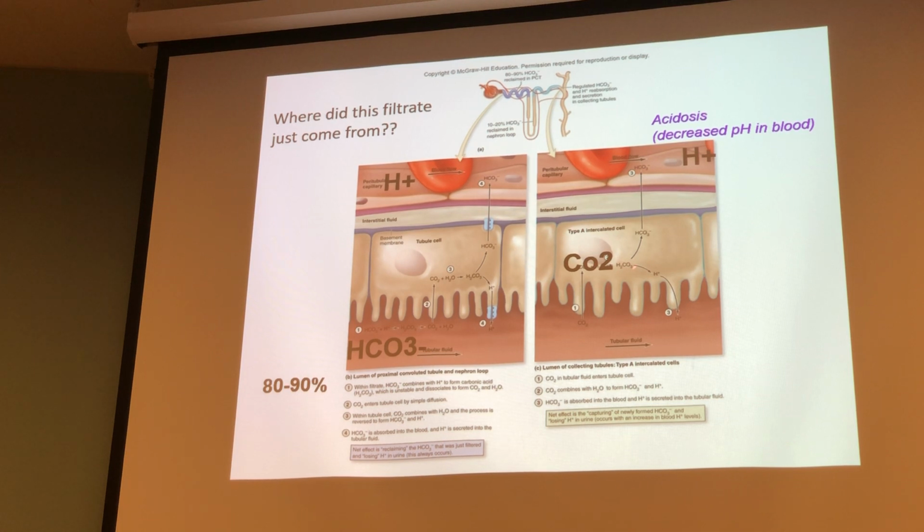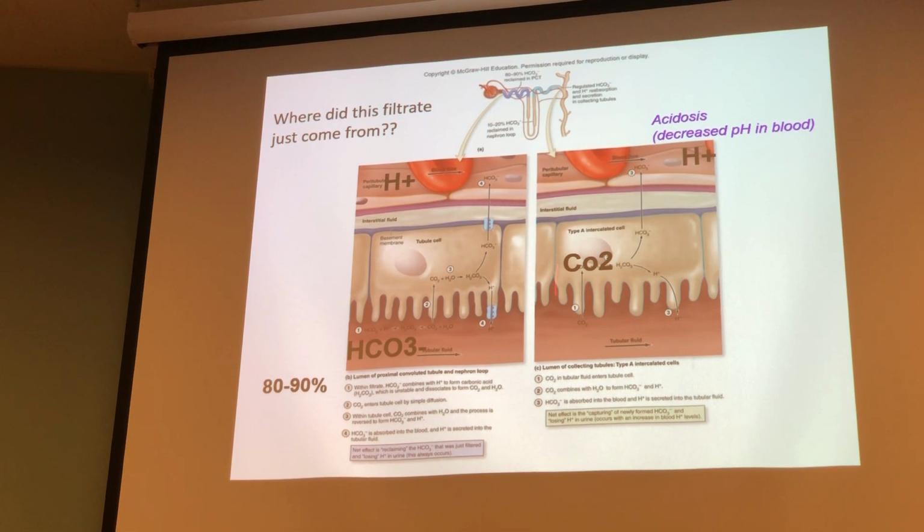And what do I do with the other half of my compound? I dump those hydrogens into my filtrate, which will make my urine slightly more acidic. But I'm trying to fix that decreased pH problem in my blood. Now, once you get used to the idea of CO2, it doesn't matter where the CO2 comes from, but a lot of it will come from the capillaries. But even the CO2 in here could do this.